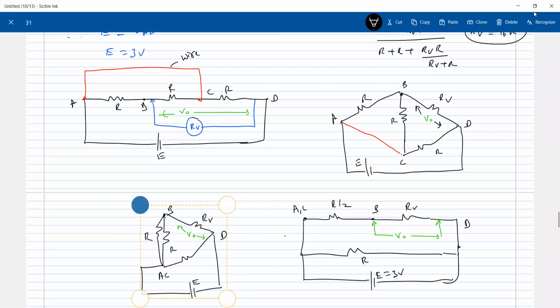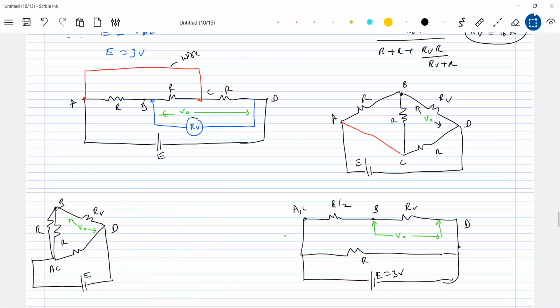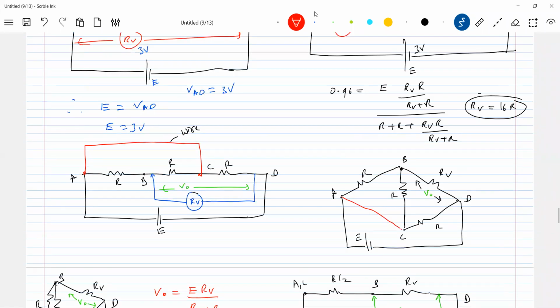32 by 11, sir. V naught, I'll check once the answer. 32 by 11. So the value of V naught will be V naught equal to E into RV by (R by 2 plus RV). So we know the relation between RV equal to 16R.